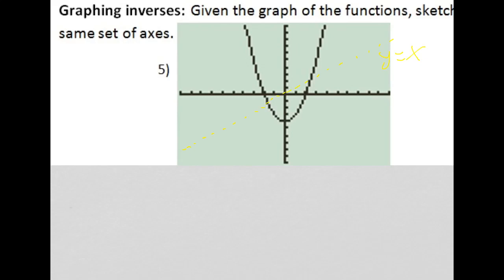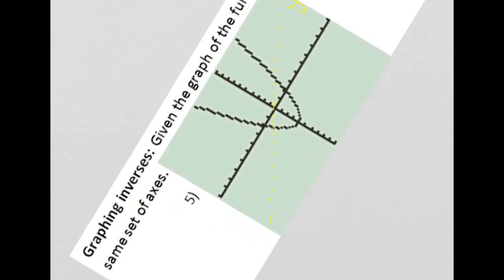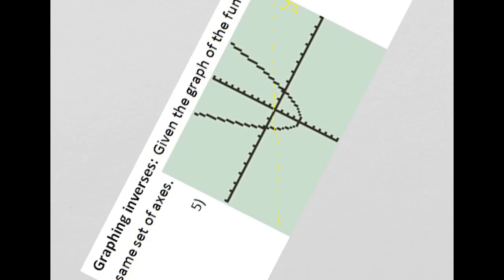It should look something like that, and now I need to go ahead and reflect this entire graph over that line. Now I found that the easiest way to do that is to actually rotate your paper so that you take that line y equals x and make it vertical. So rotate your paper until it's going straight up and down like that.